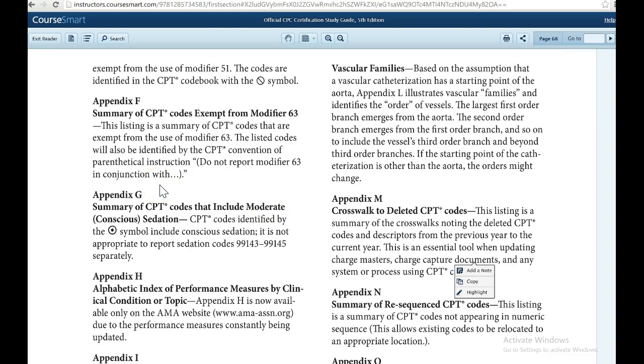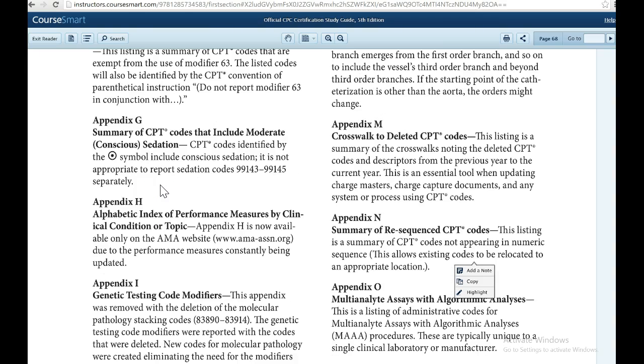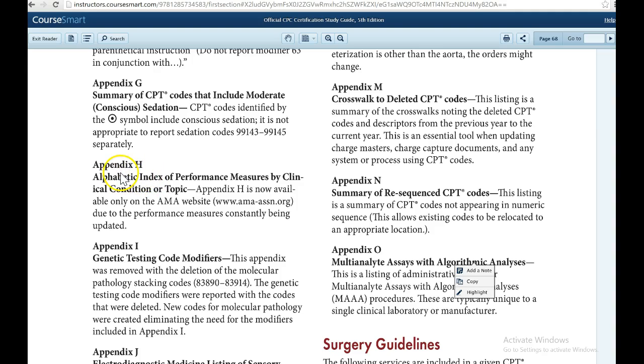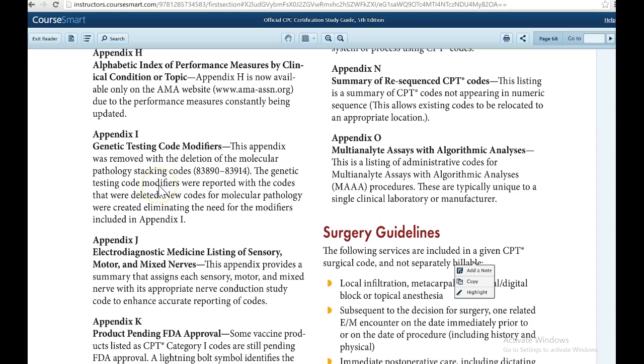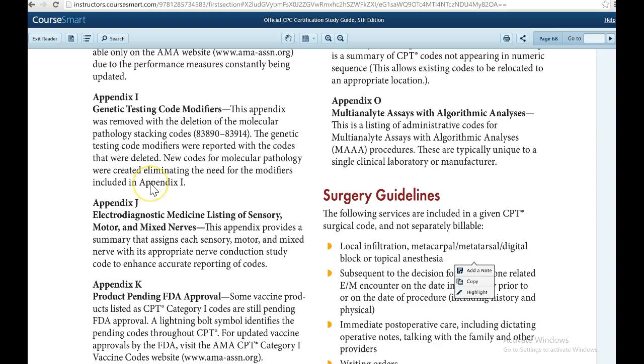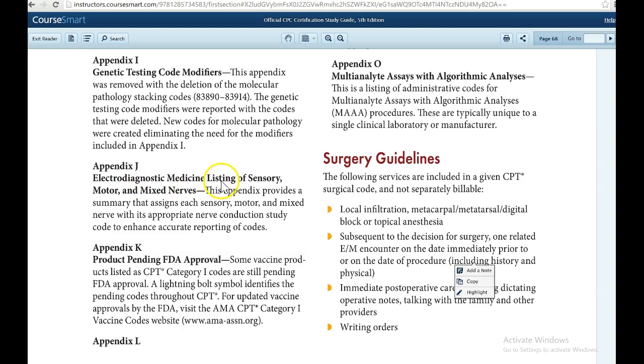Appendix G is for codes for moderate conscious sedation. Appendix H is an alphabetic index of performance measures by clinical condition or topic. Appendix I is genetic testing modifiers. Appendix J is electrodiagnostic medicine listing of sensory, motor, and mixed nerves, so neurology.